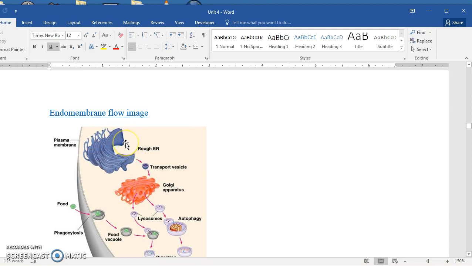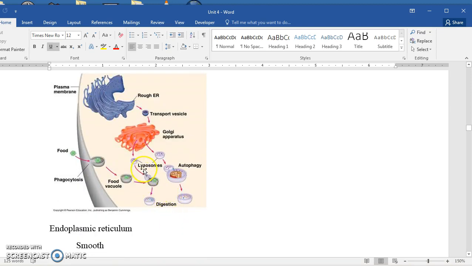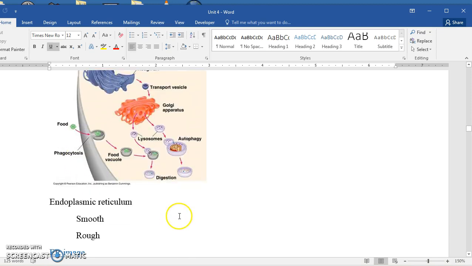It produces proteins. Those can be put into little membrane-bound sacs called vesicles. Those can go into the Golgi apparatus. They're processed even further, and then eventually can come out as lysosomes, peroxisomes, or just some little vesicle that moves to the edge of the cell, joins with the plasma membrane, and the contents can be expelled.